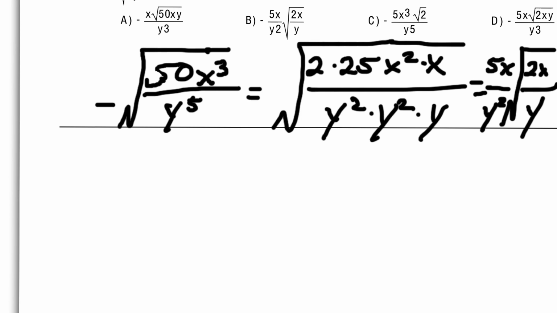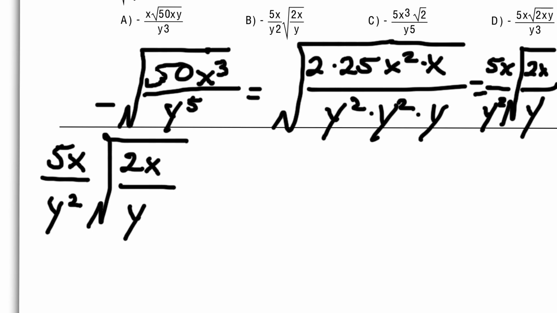Okay, so now we're going to rationalize our denominator. Let me rewrite this first. I'm going to just extend this, because I like to do it inside, but you can do it on the outside too.